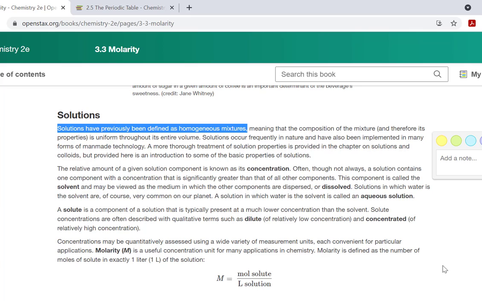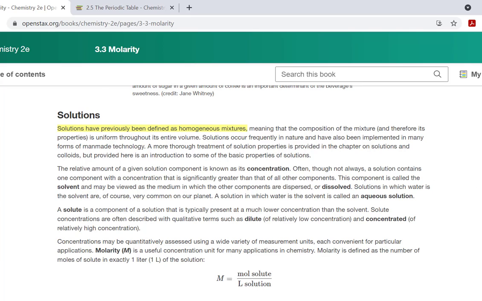So we can use the word solution as being identical with a homogeneous mixture. So we had defined the homogeneous mixture as a mixture that has constant composition throughout. It's uniform throughout. So basically it doesn't have chunks in it. We can't look at it and know that it is a mixture. We have to know something about it in order to know that, because we can't just decide by looking at it.